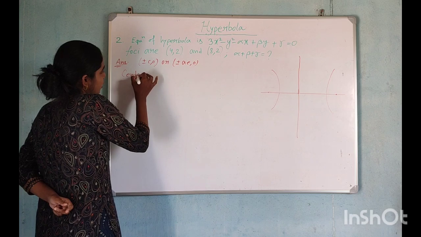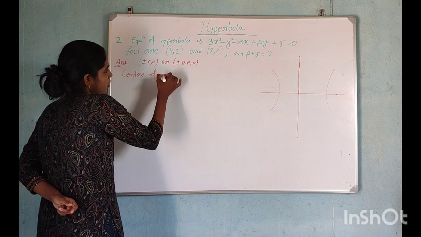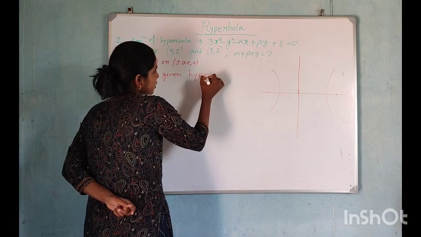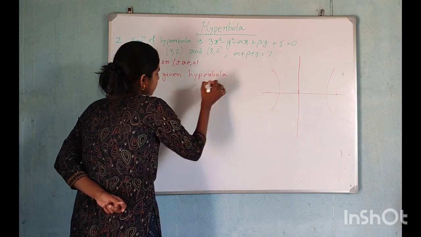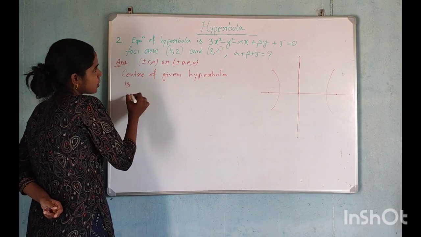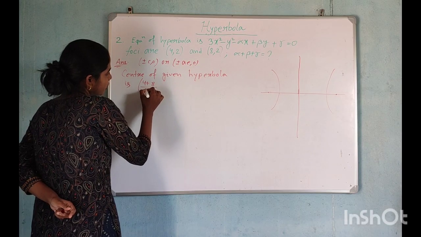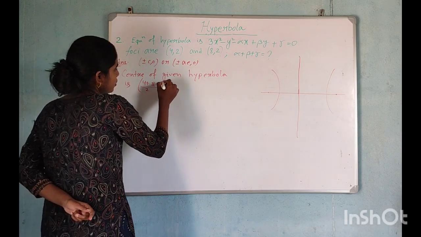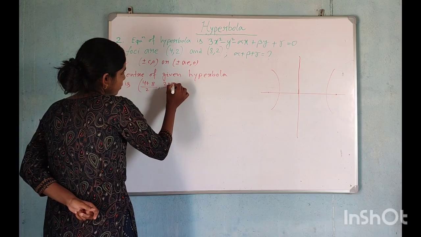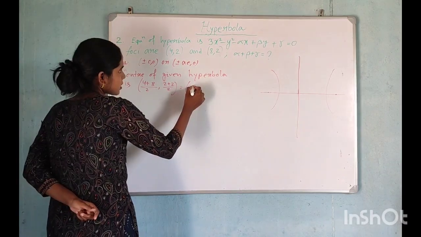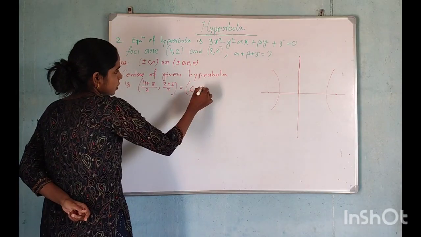Center of the given hyperbola is (4 plus 8) by 2, middle point formula, and (2 plus 2) by 2. So 8 plus 4 is 12, by 2 means 6. It will be 2.